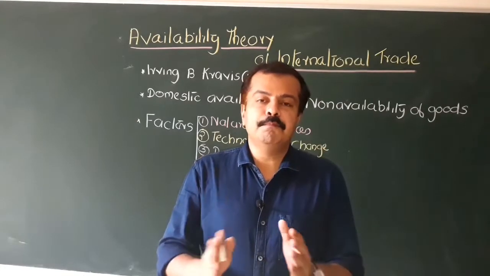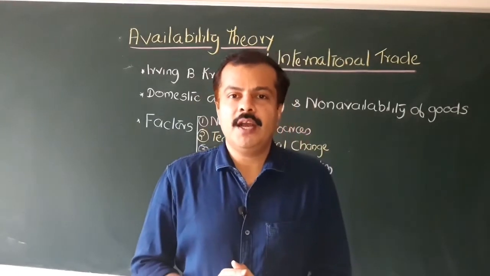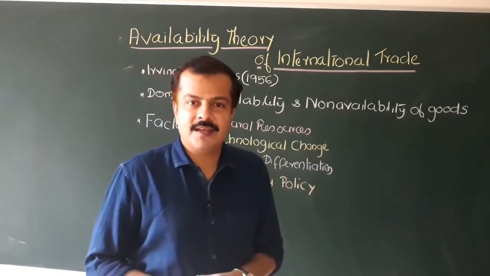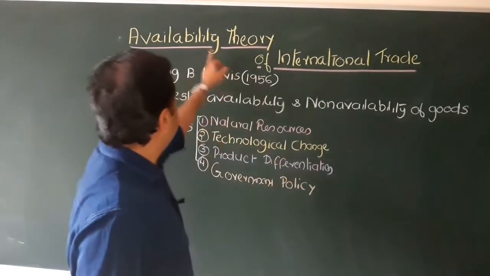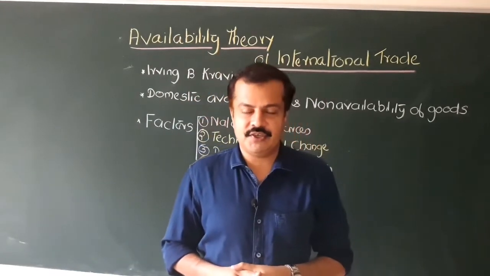One of the important extensions of the Heckscher Ohlin model was provided by Irving B Kravis when he introduced what is known as the availability approach or the availability theory of international trade.